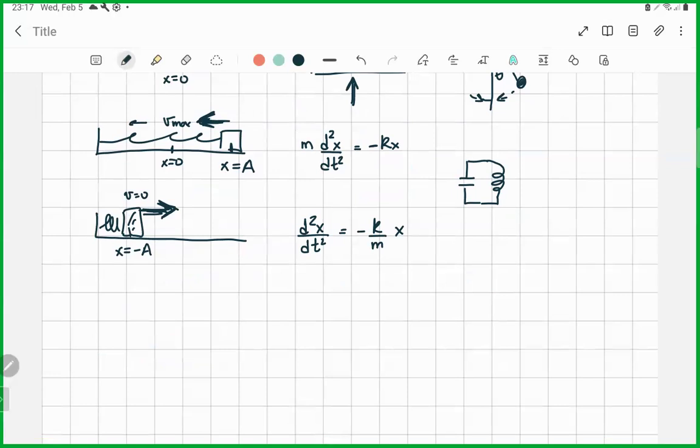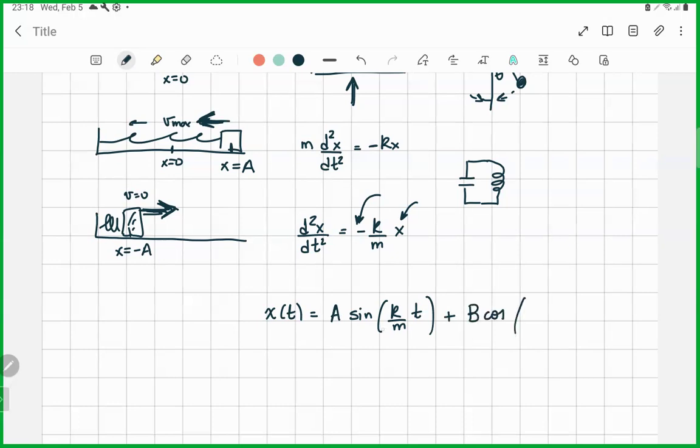How do we solve this equation? Well, sinusoidal functions. What happens here? We do the derivative twice and we recover the x with a minus sign. Well, that's a sinusoidal function. So the solution here is sine of the square root of k over m times t, since the derivative is in time, with some constant in front, or a cosine.